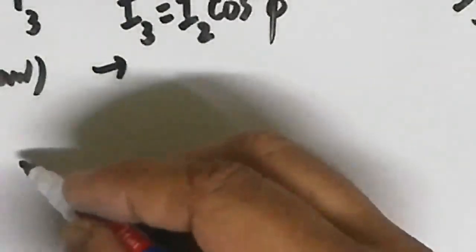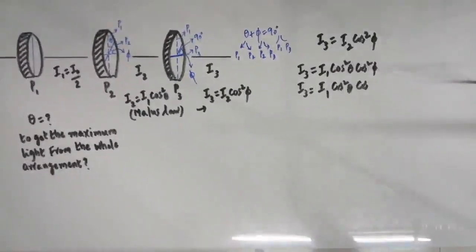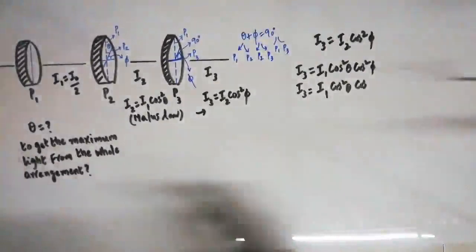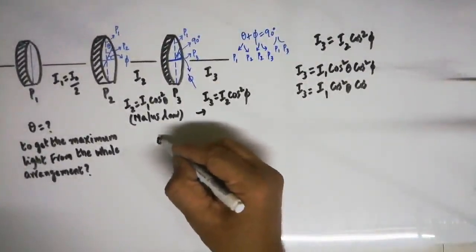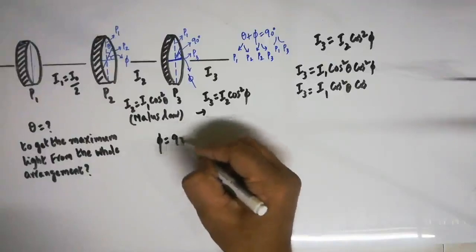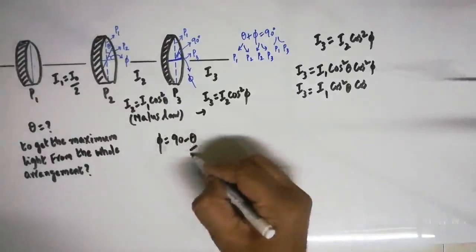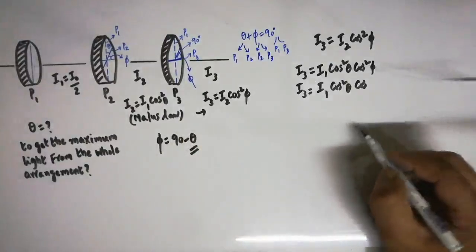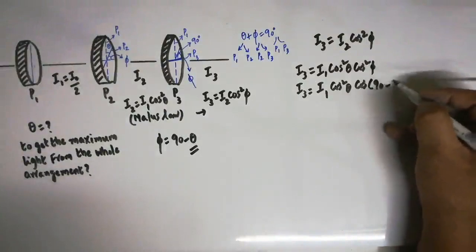The most important thing is phi is equal to 90 minus theta. Don't forget, this step is important. So instead of phi we can substitute 90 minus theta.